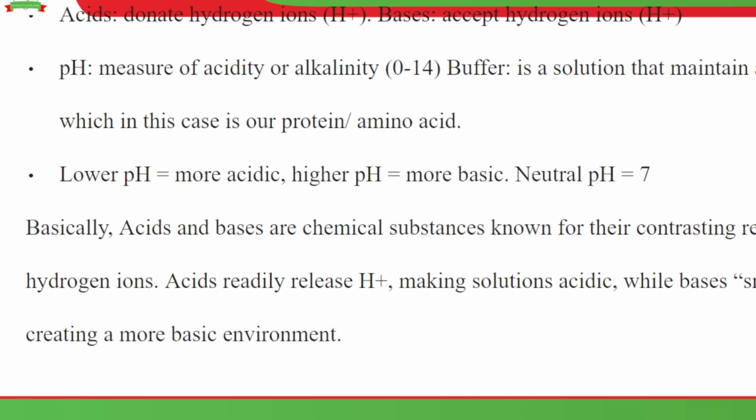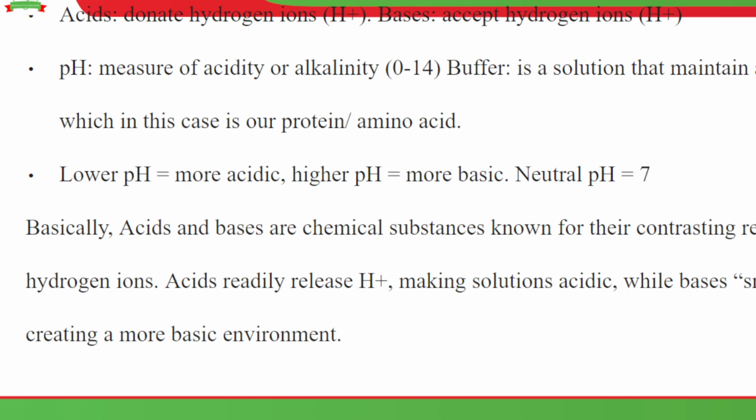Basically, acids and bases are chemical substances known for their contrasting relationship with hydrogen ions. Just like we said earlier, acids release hydrogen ions and bases accept hydrogen ions. So that is what this statement means.